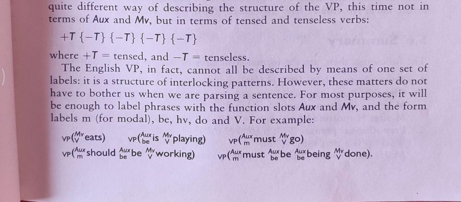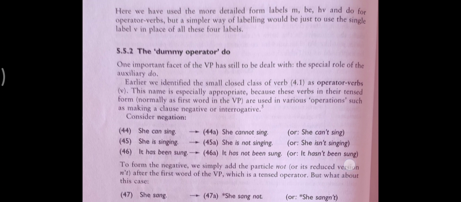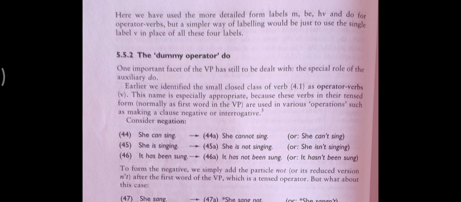Should be working: should is a modal, auxiliary is the function; be is a be form, its function is auxiliary; working is a main verb, so we have capital V, and its functional label is main verb. In the same way, we have this type of thing. Okay, so we have these different types of labels that we see.